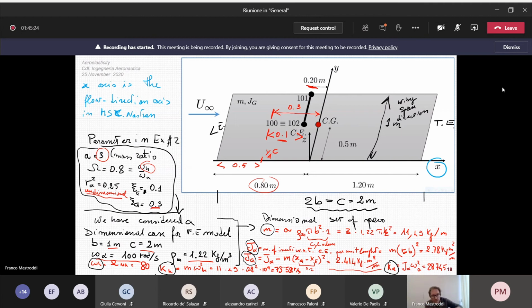Next, we have to consider our practical model to be implemented in Nastran.